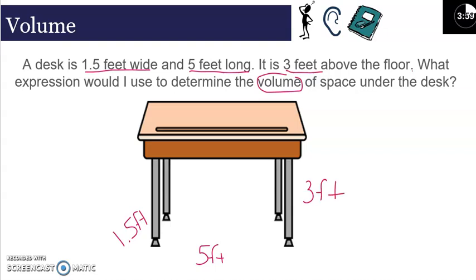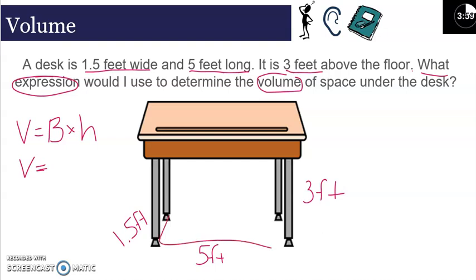Now this question says what expression? So remember, an expression is a number sentence with numbers and symbols. So in this case, all I'm being asked to do is to actually find the expression. I'm not asked to solve the problem. So I'm going to go ahead and write my formula for volume. Remember, the formula for the volume of a shape is area of the base times the height. So this is my base here.